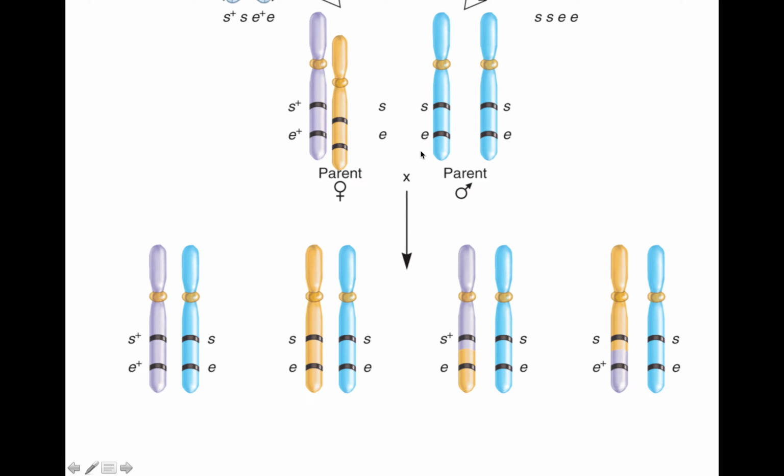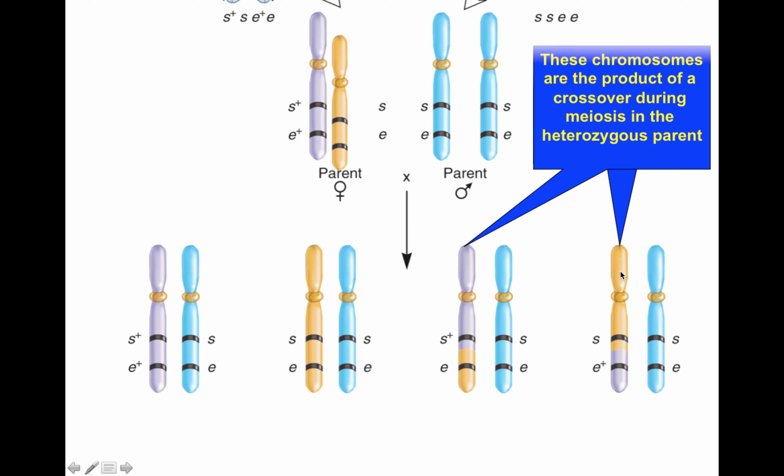When we count the progeny from this cross, we have some recombinants. These chromosomes are the product of crossing over during meiosis in the heterozygous parent. So if we get crossing over here, we can mix a wild-type bristle allele with an ebony body allele.